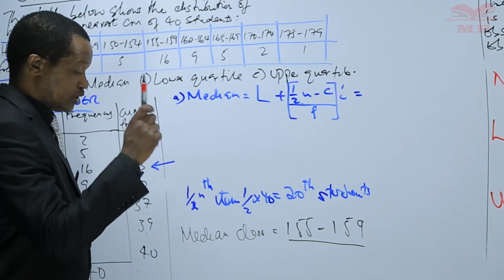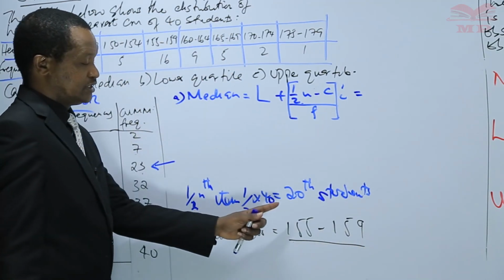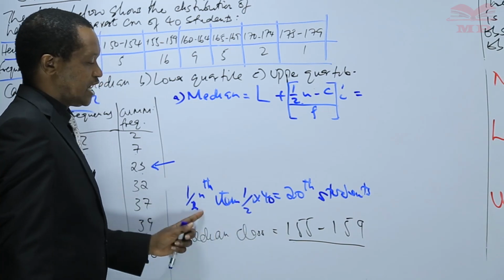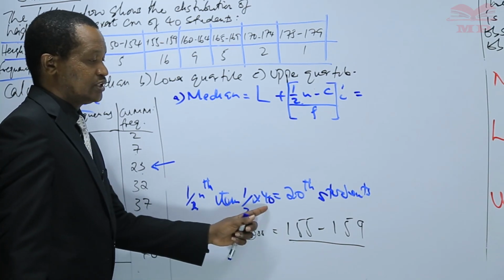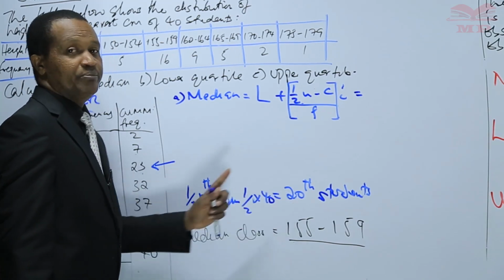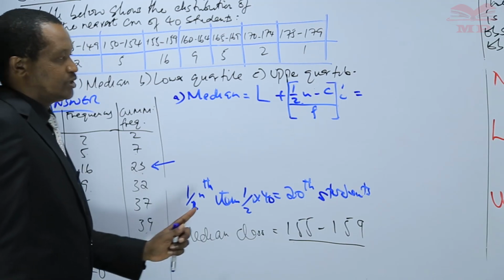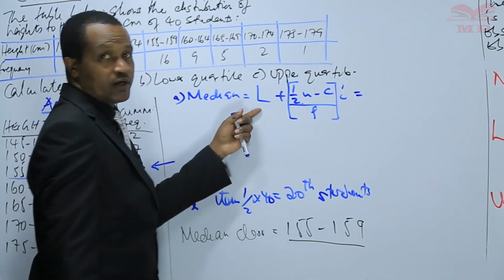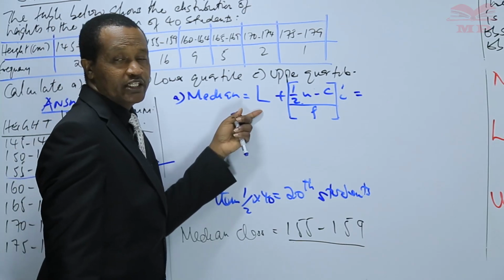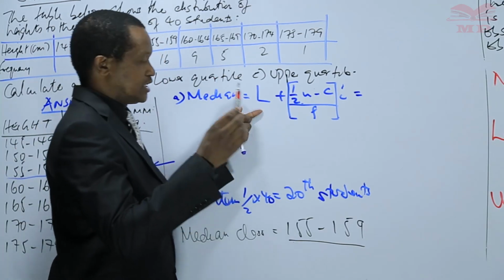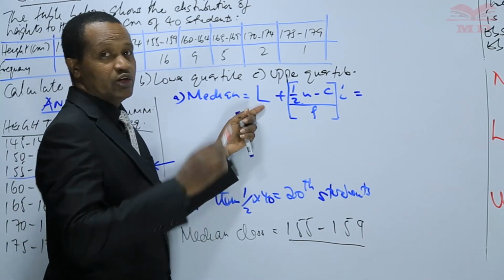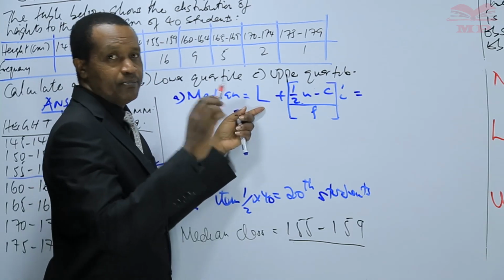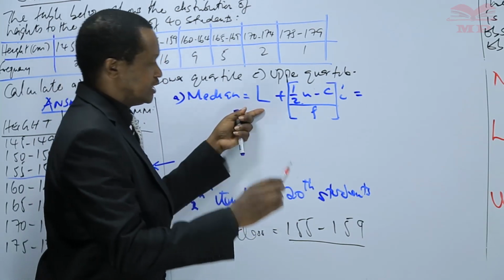That is step number 1. You calculate half of the total frequency. That will help you identify the median class, because we need this median class to be able to determine the lower class boundary of the median class. L is the lower class boundary of the median class.